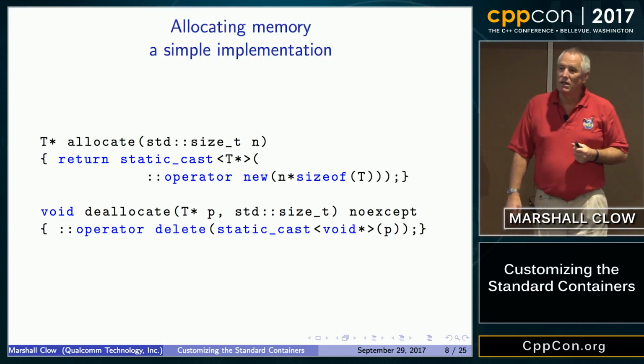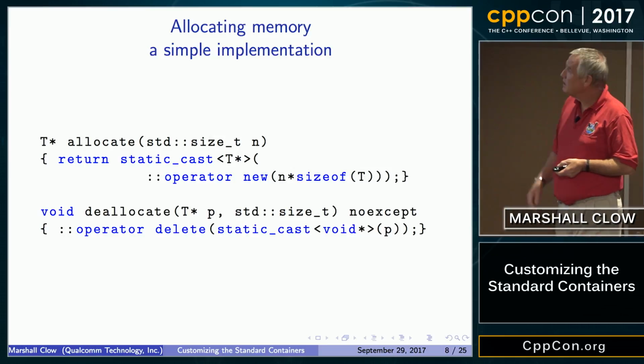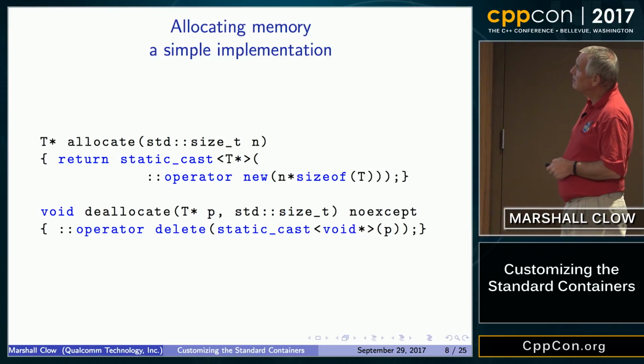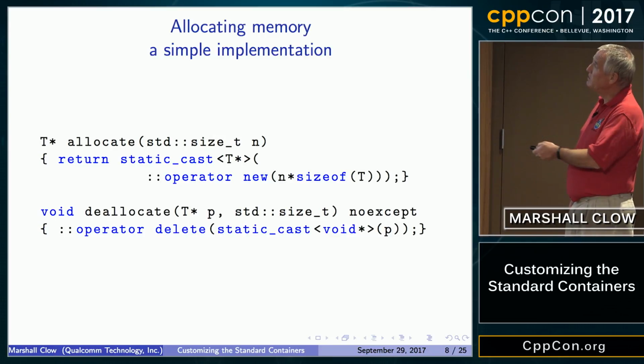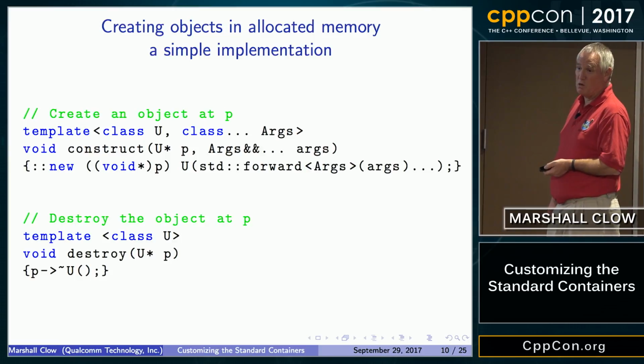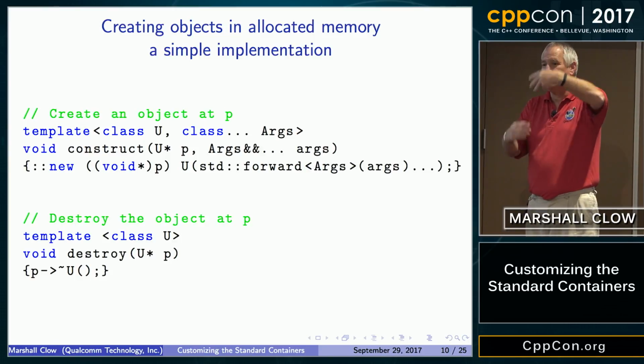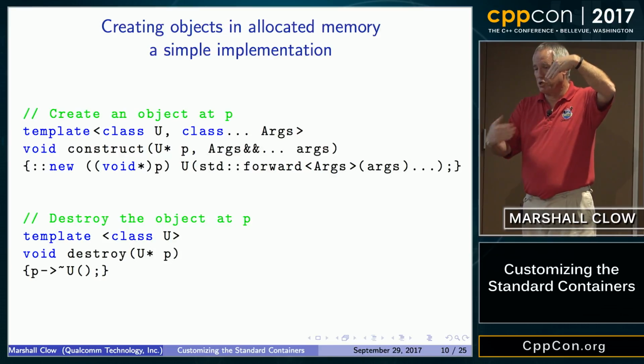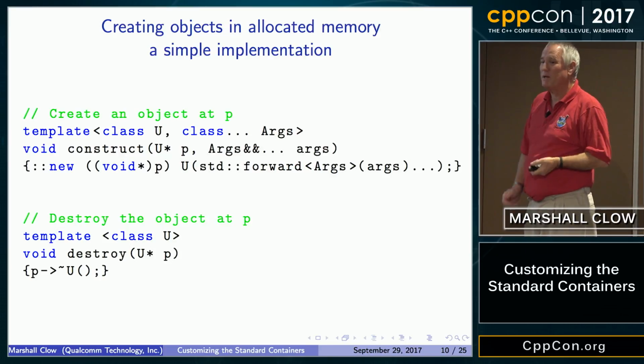Yes? Because in the allocate here, you static cast the P to be a void pointer. It's to try to prevent the destructor from being called. Yeah, because we have destroy, which calls the destructor. Again, we're separating the concerns. We're separating the destruction of the object from the freeing of the memory.